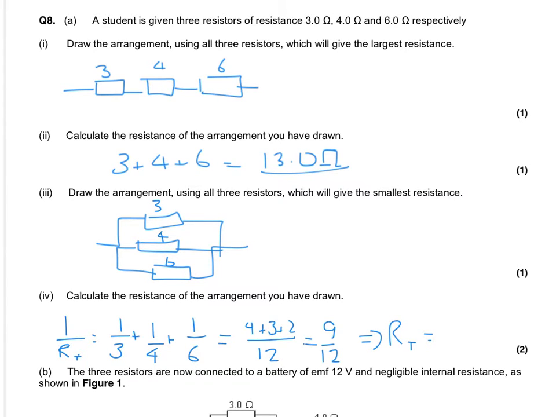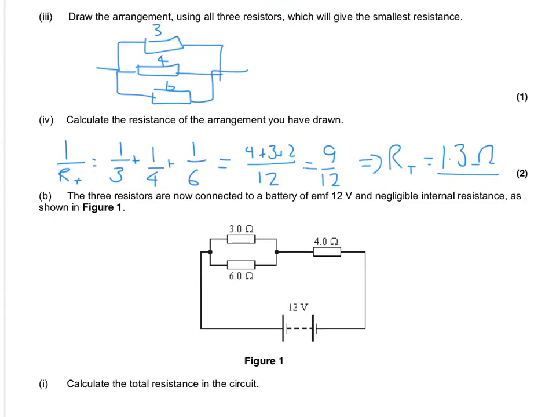But we don't give answers as fractions, this is physics, and two significant figures would be appropriate because all of these numbers up here are two significant figures. So calculate it, round it to two significant figures, and you get 1.3 ohms, remembering not to write 1.3 recurring as that would be infinite significant figures. So 1.3 ohms is the correct answer.